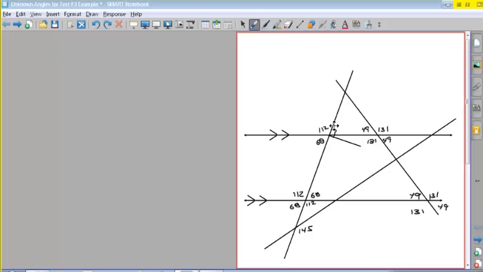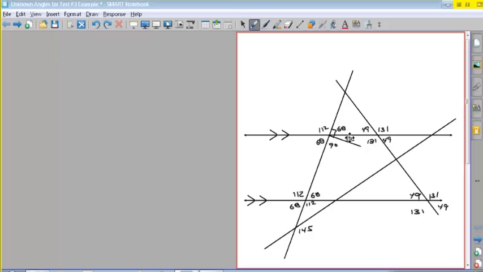So this angle here and this angle there are vertical angles. So this angle is 68. This one is 90 because it's the other side of the right angle. Hence, these 2 angles, which create the 90-degree turn, have to add up to 90. So this angle is going to be 90 minus 68, which is 22.